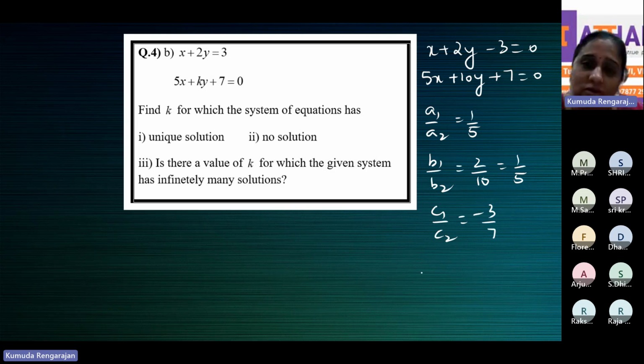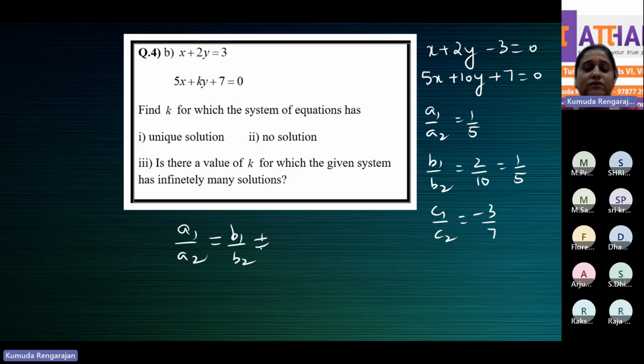What do we observe? When k is 10, A1 by A2 is equal to B1 by B2 is not equal to C1 by C2. That means it has no solution.